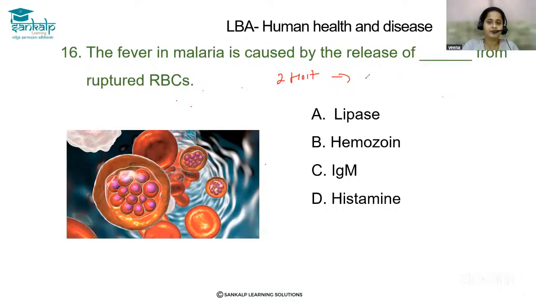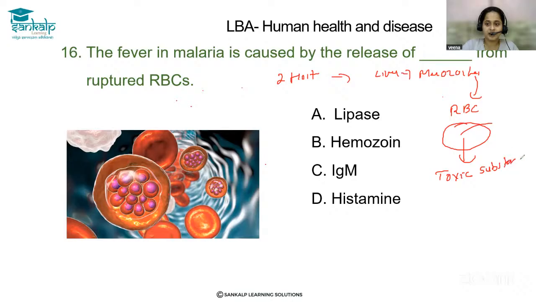After entering the human liver cell, inside the liver cell it multiplies and becomes merozoites, and it is going to affect our RBC cells. Inside the RBC cells, they burst out and release one toxic substance.